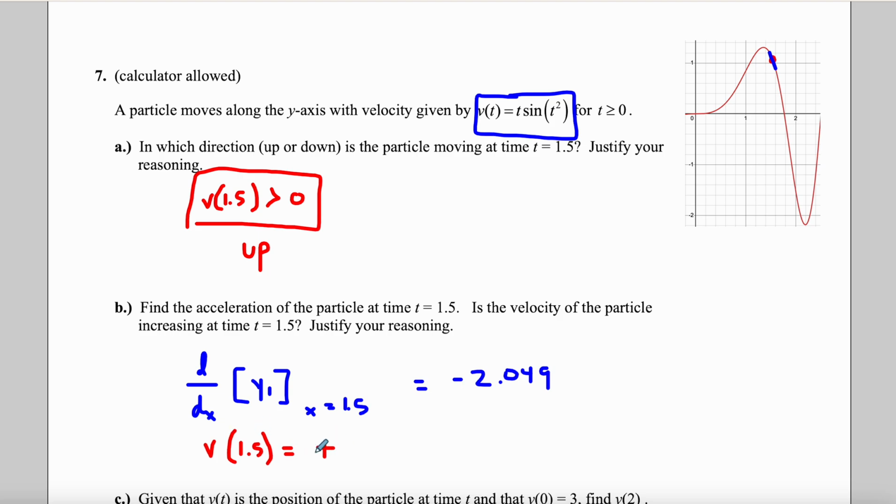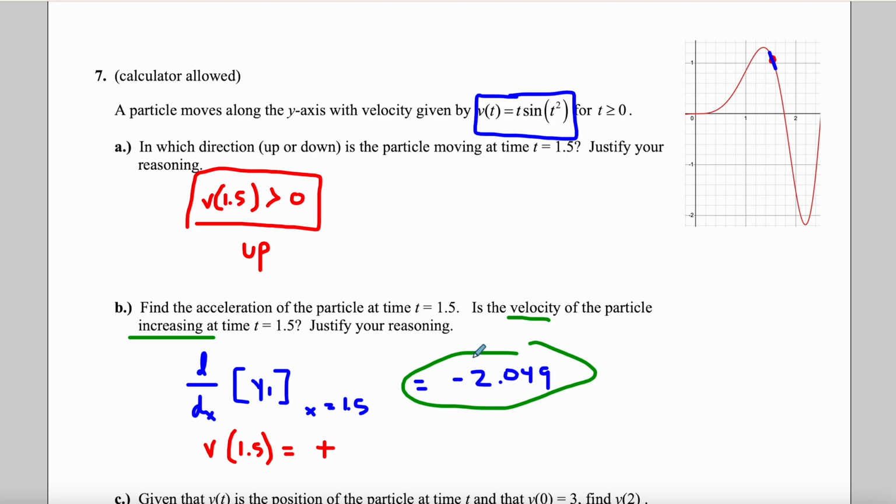So since my velocity is positive, and my acceleration is negative, this is slowing down. But what's kind of tricky about this question is it's asking for velocity increasing. When we're talking about speeding up and slowing down, the direction does matter. But when we're talking about velocity increasing, the only thing we care about is acceleration. That is not the first and last time you will hear anybody say that.